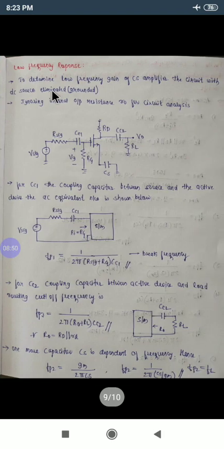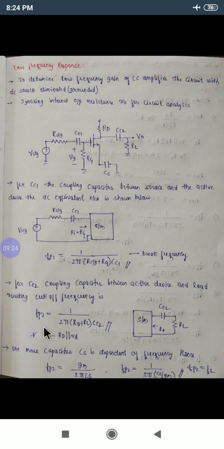In the low frequency response of a common source amplifier, first the coupling capacitor CC1 between the source and the active device of the equivalent circuit is shown at the input side. At the input side we got the equation, because only R signal and CC1 are considered, so the input resistance is Rg. I have written Ri is equal to Rg, and the frequency is 1 divided by 2 pi Rc, where R signal and Rg are in series.